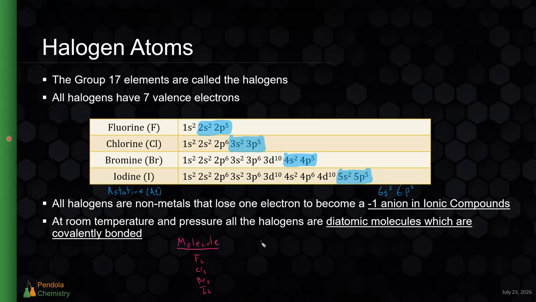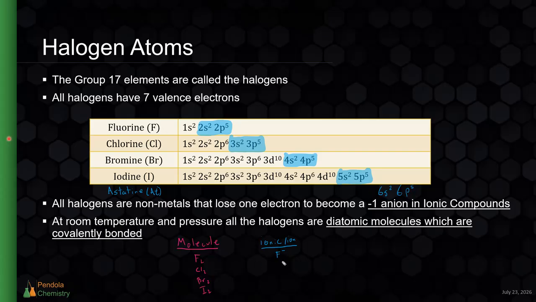When it comes to ionic compounds or in ions, the halogens are only a -1 charge.